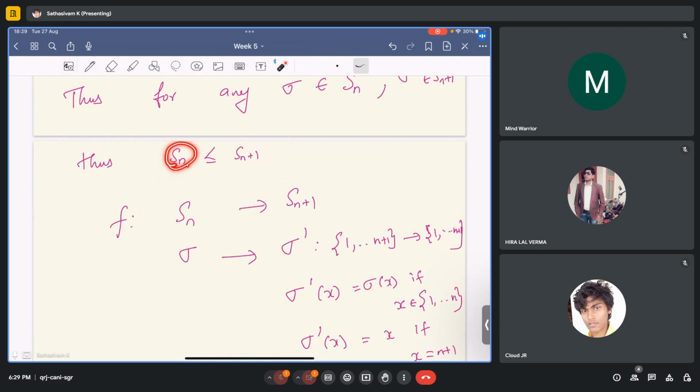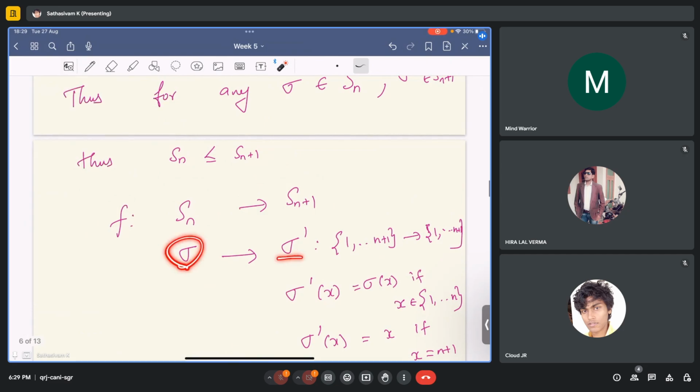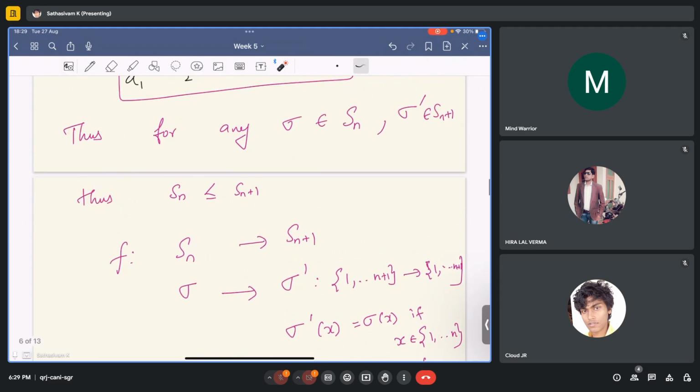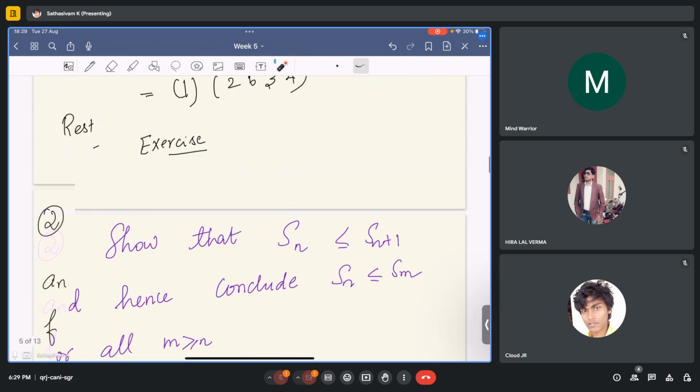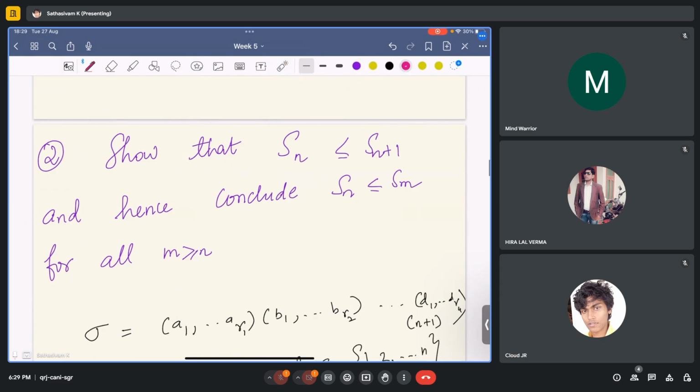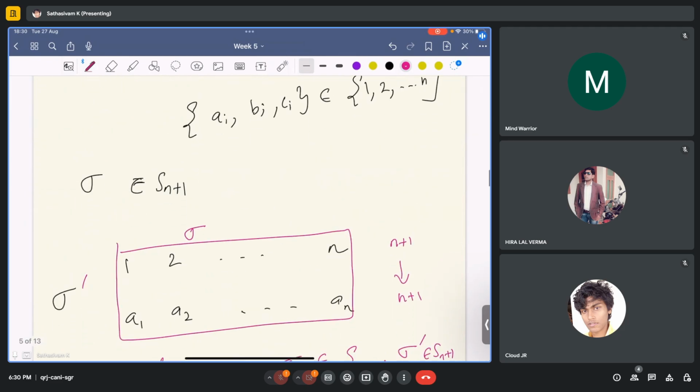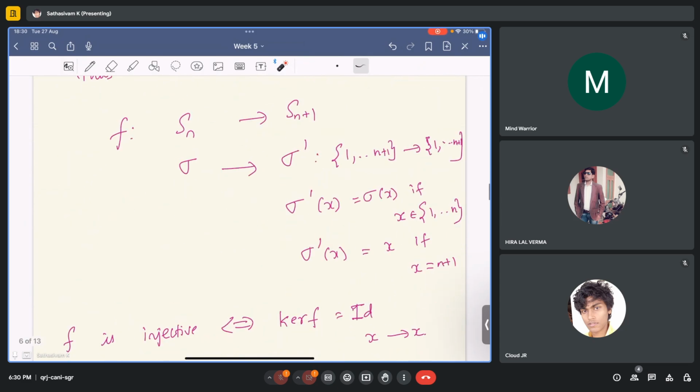I see Sn as an image under this map, and then I call it a subgroup. Basically, identify this sigma and sigma prime, then you can see it as a subgroup. So that proves the first part. This is just to give the intuition of what we are doing, and we are rigorously writing it down.